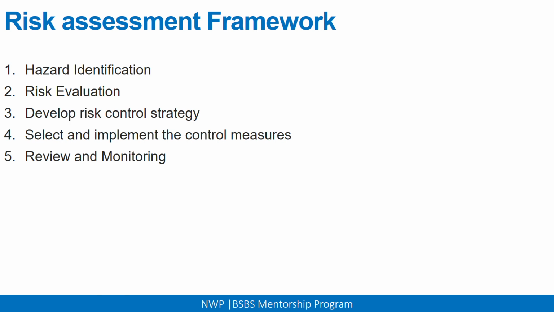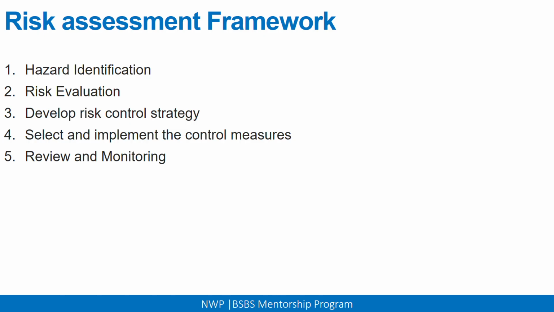The different types of hazard that you find in the laboratory are either biological in nature, chemical in nature, or physical in nature. But mostly what we will find in the lab is biological in nature. So mostly you identify your biological hazards, then after that you need to do a risk evaluation.